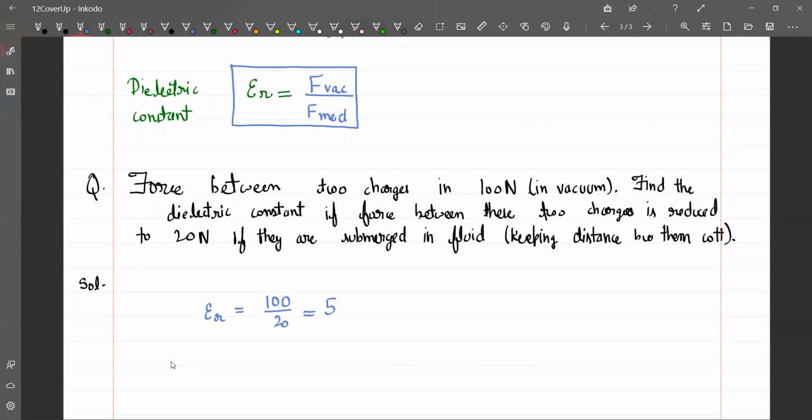Can you find the absolute permittivity of medium, or permittivity of medium? That is epsilon. Epsilon is epsilon r into epsilon naught. And take the value of epsilon naught as 8.85 into 10 raised to minus 12 coulomb squared per Newton meter square. Find the value of epsilon.